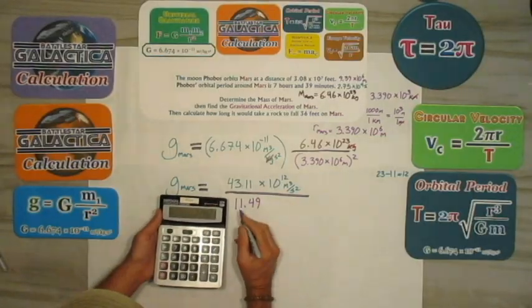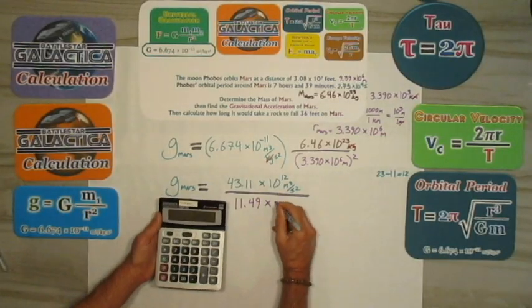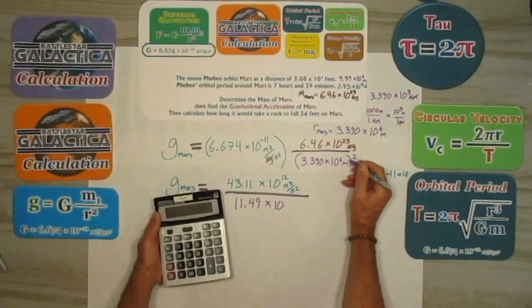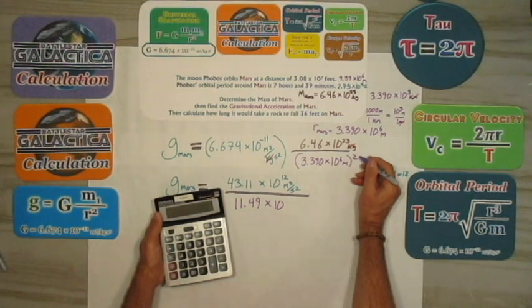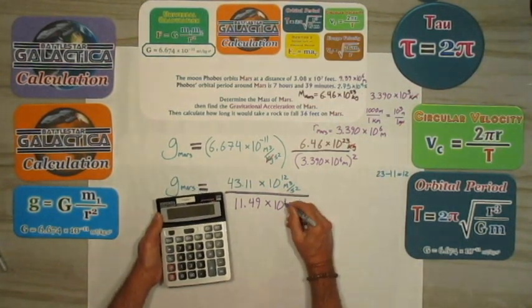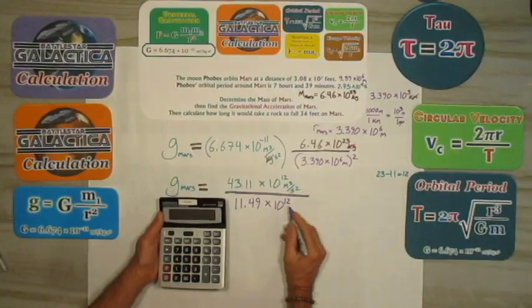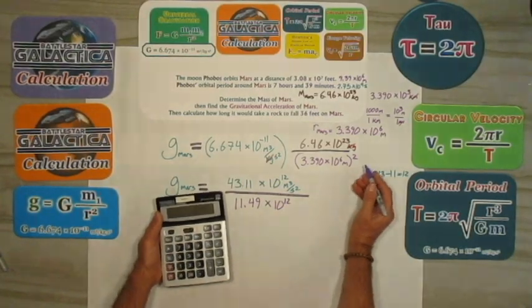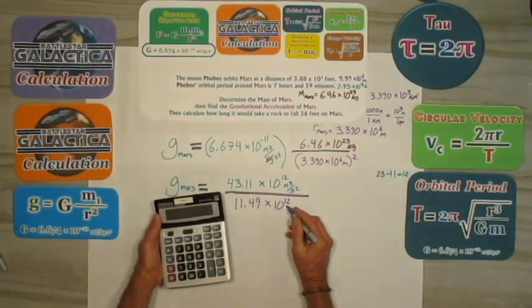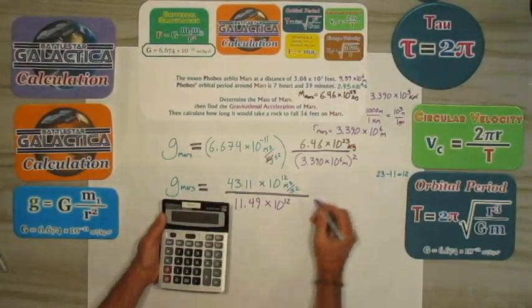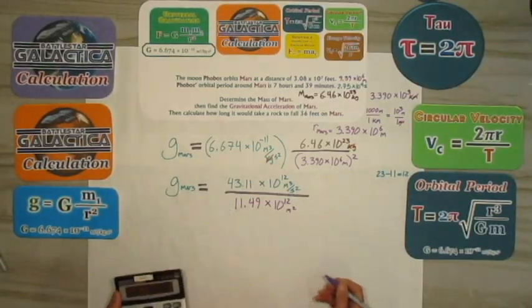Now again, this is improper scientific notation. 10 to the 6th squared, 6 times 2 is 12. That makes sense, right? Because 10 to the 6th times 10 to the 6th, you would add them, it'd be 10 to the 12th meters squared, of course.